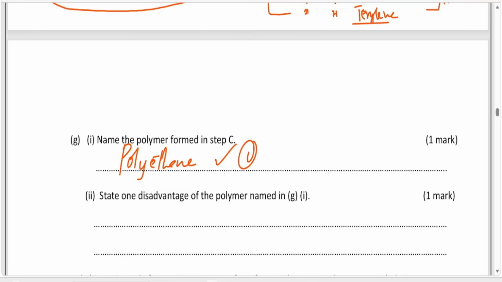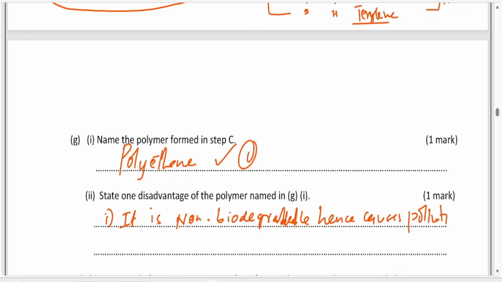One of the disadvantages is it is non-biodegradable, not decomposed by living organisms, hence causes pollution.